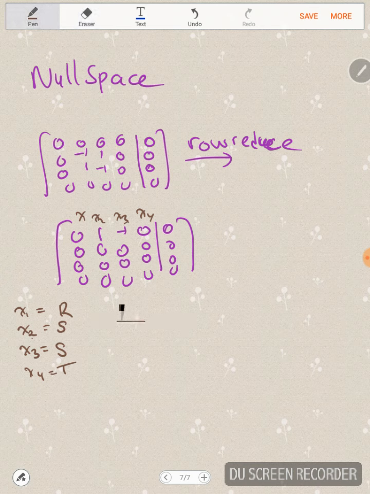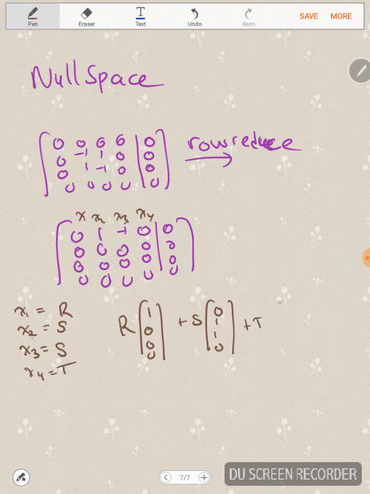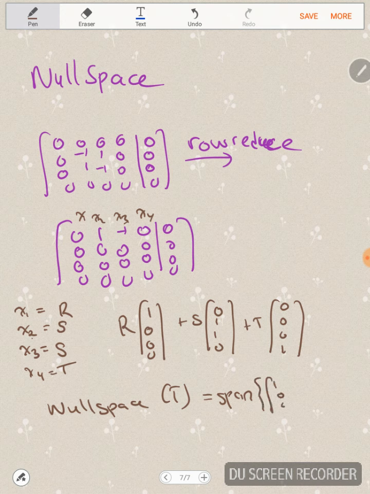You can see that we have R times 1 0 0 0 plus S times 0 1 1 0 and T times 0 0 0 1. We can say that the null space of T is the span. It's important to write the span, don't forget it. It is going to be 1 0 0 0, 0 1 1 0, 0 0 0 1.